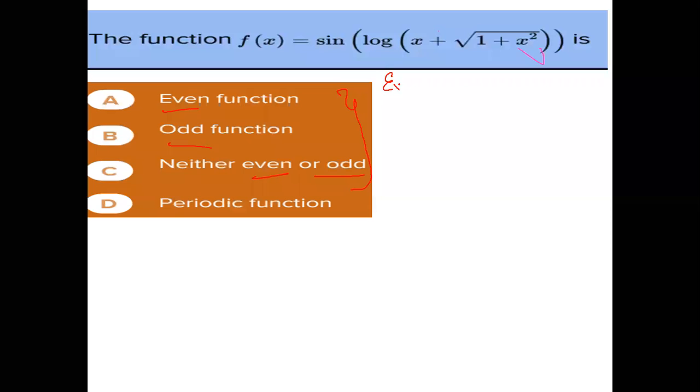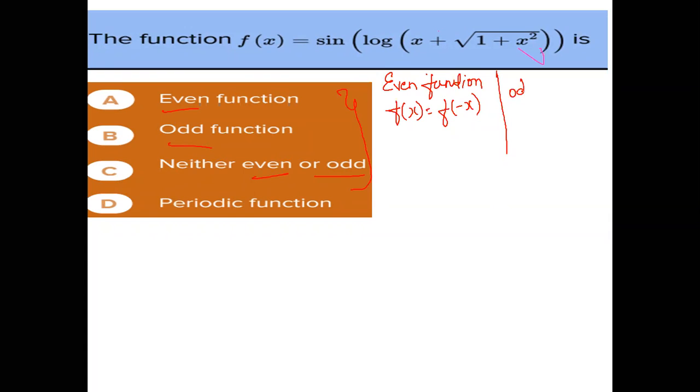I had explained this in many CET classes. So even functions are those functions where it satisfies f of x is equal to f of minus x. That means if you put minus x in place of x and the value doesn't change, if you get the same value, such kinds of functions are called even functions.